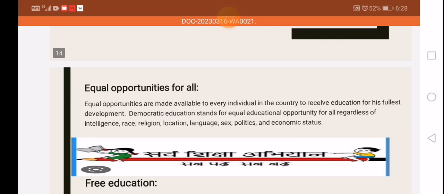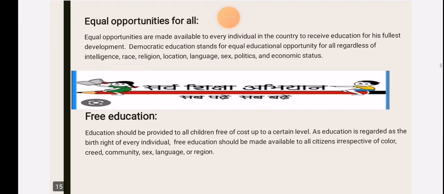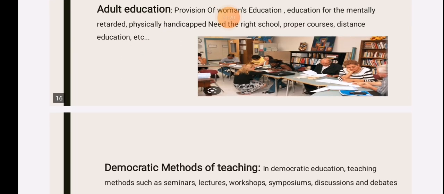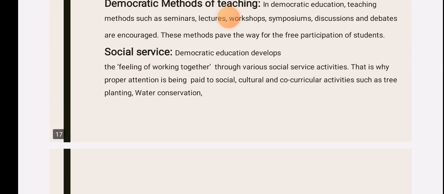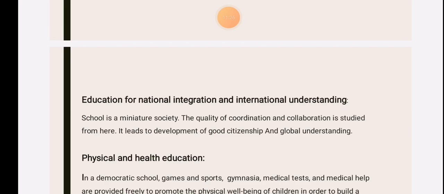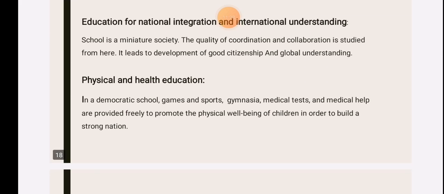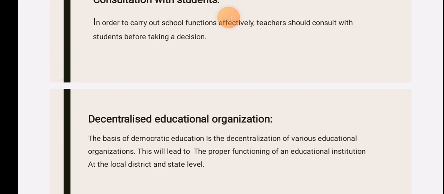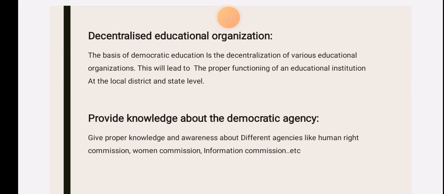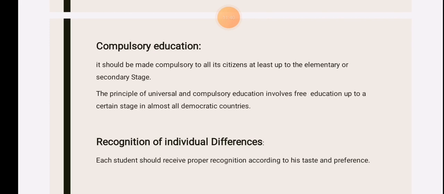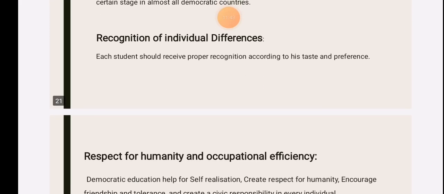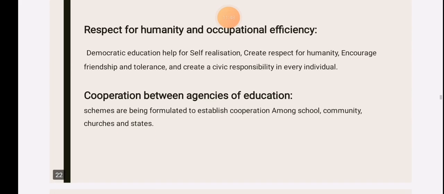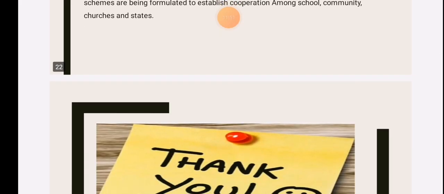The first one is equal opportunity for all, then free education, welfare for all, children-centered education, adult education, democratic method of teaching, social service, then education for national integration and international understanding, physical and health education, political training, consultation with the students, decentralized educational organization, providing knowledge about democratic agencies, compulsory education, recognition of individual difference, respect for humanity and occupational efficiency, then cooperation between agencies of education.